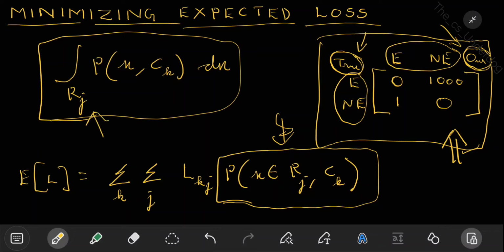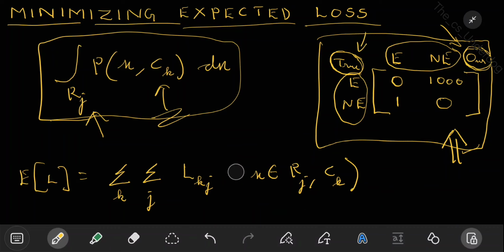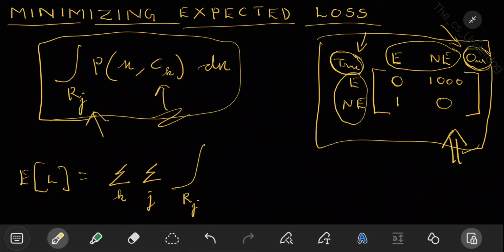Over the region rj, if I have assigned it into class ck, that is what it will give me. So that is same as this. So this part I will substitute with that. Instead of this, I'll use integral over region rj lkj into p of x ck dx, right?